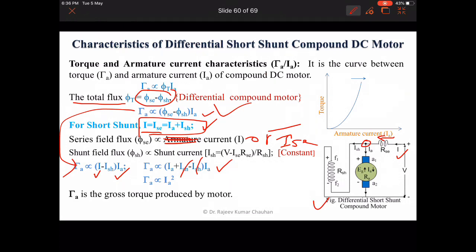In the previous case, it was plus ISH IA, and that has been removed. Therefore, the torque and armature current curve will tilt towards the y axis, or we can say armature current axis in this graph. Therefore, I have put this arrow like this.